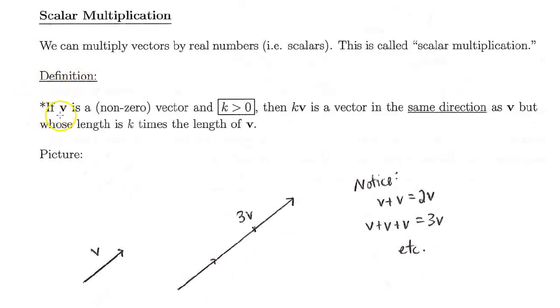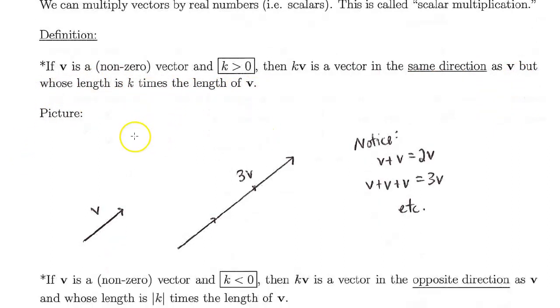Well, if v is a non-zero vector, and k is a positive number, then kv, some number times this vector, is a vector that's in the same direction as v, but whose length is k times the length of v. So here's an example. Suppose this is v. What's 3v?